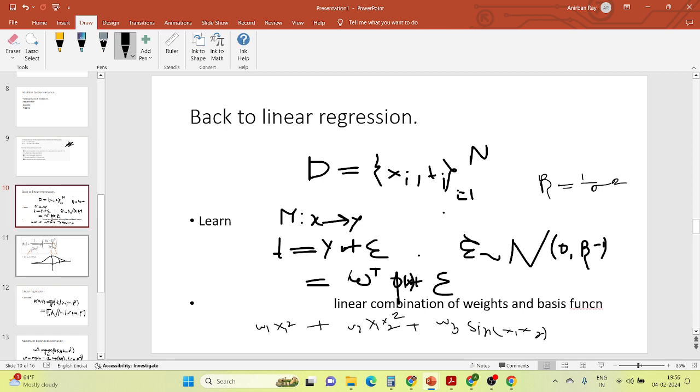Is x1 and x2 a separate basis function, or do we consider x1 square as one basis function? Yes, x1 square is a separate basis function, x1 and x2 square is a separate basis function.